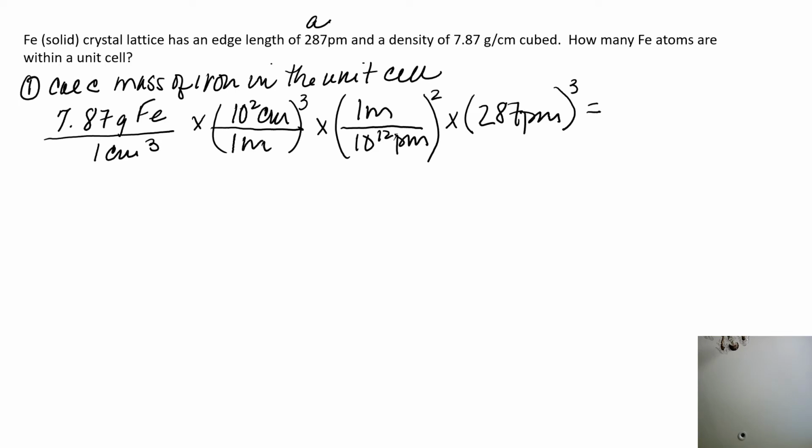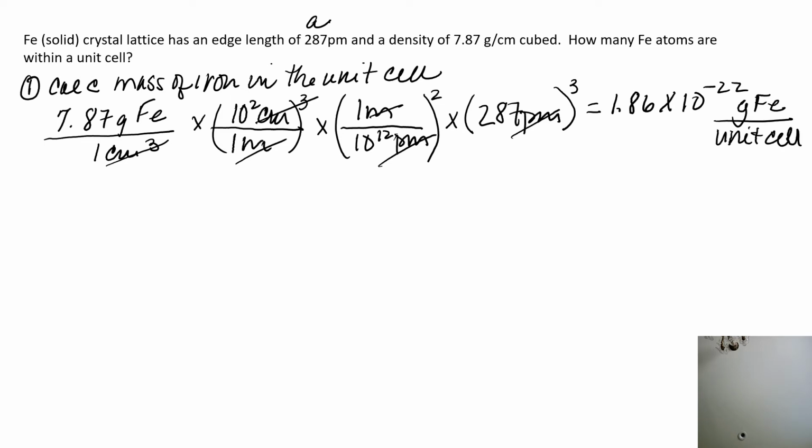And that allows me to cancel all my units of length, and I remain with a mass unit in grams, and this is 1.86 times 10 to the negative 22 grams of Fe per unit cell.